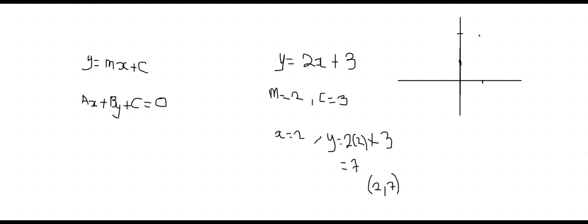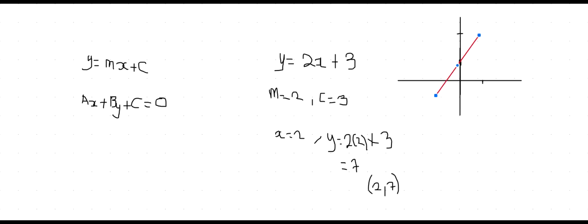So I have 2 points. I have the y-intercept and the point that I've just discovered along that line. And using those 2 points, I connect them with a straight line, like that. Then I would have graphed my line.